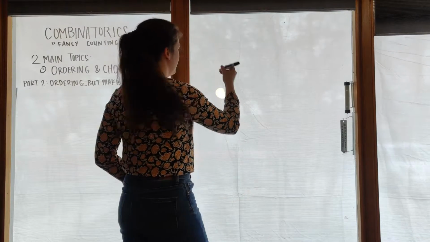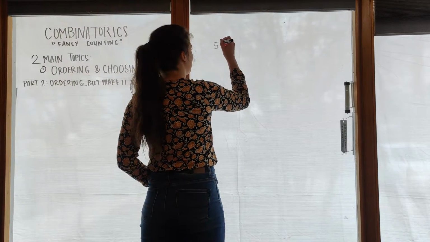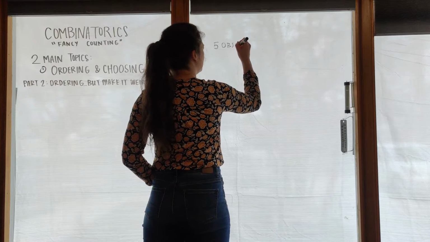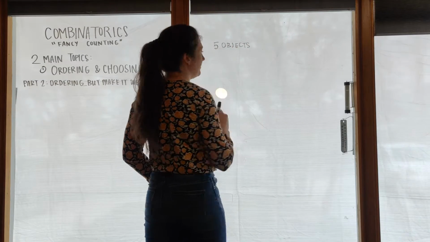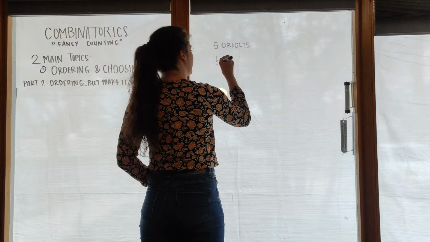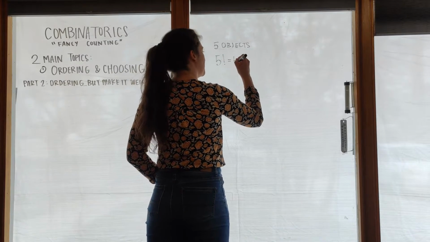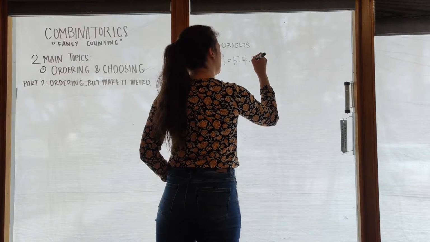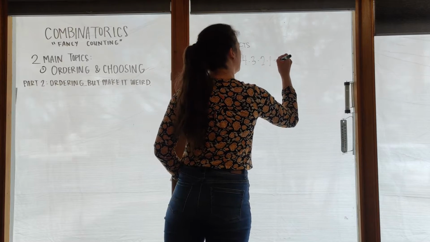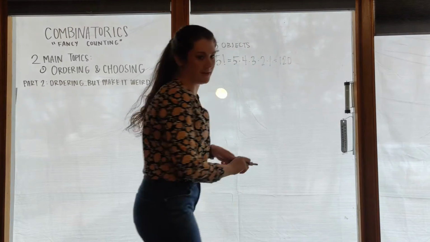That's where this factorial notion came up. So the way to order 5 objects is 5 factorial, which is 5 times 4 times 3 times 2 times 1, which is 120.